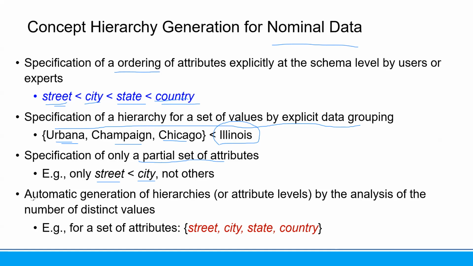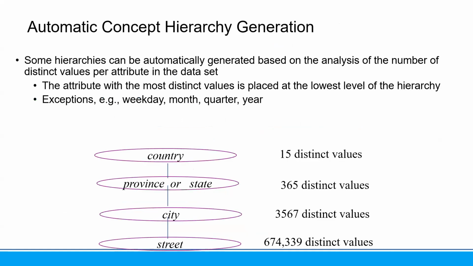We can also use automatic generation of hierarchies, for example by analyzing the number of distinct values. If we have a set of attributes, we can put them into a list, something like street, city, state, country. We call this automatic concept hierarchy generation.